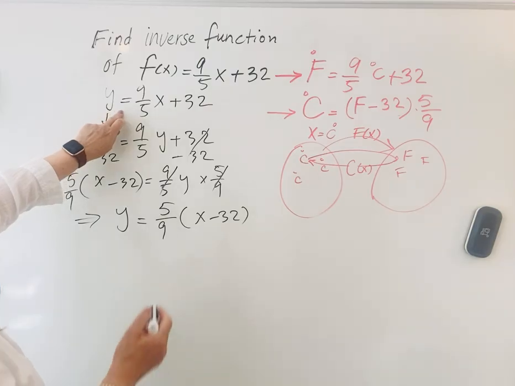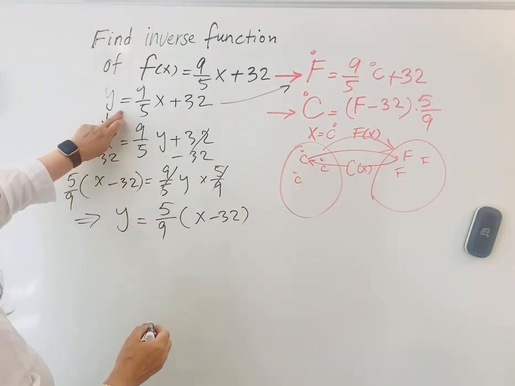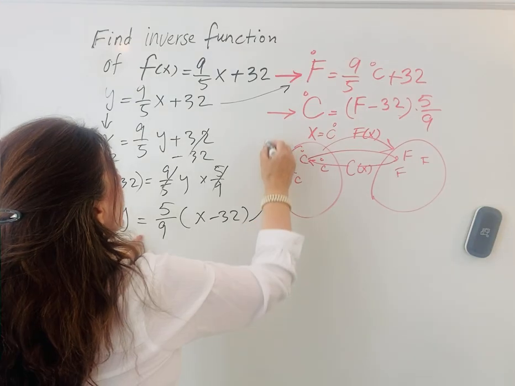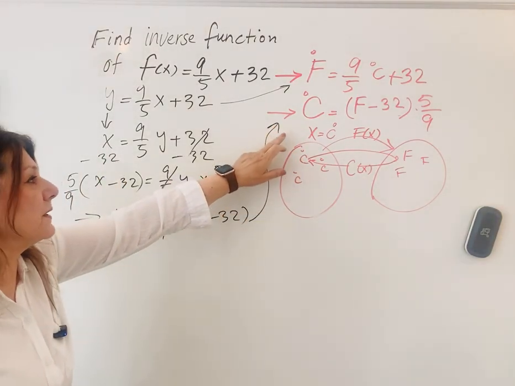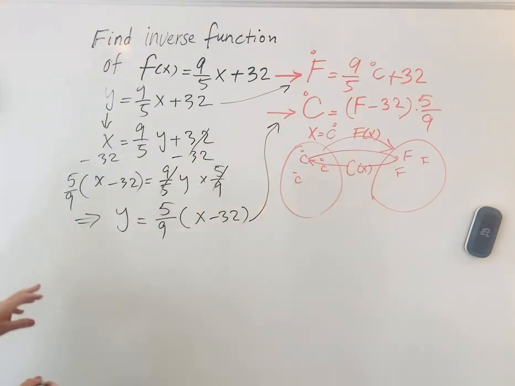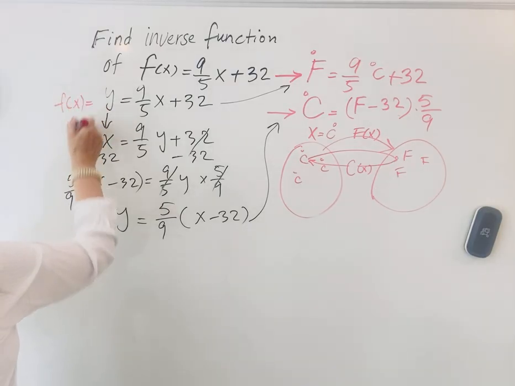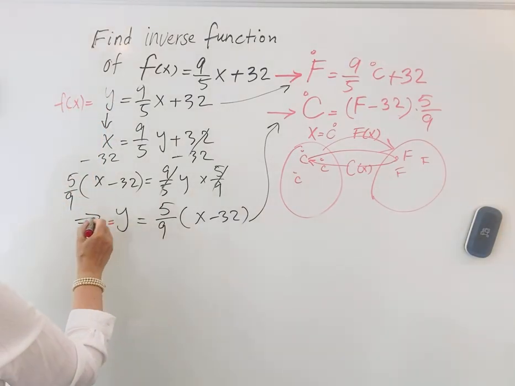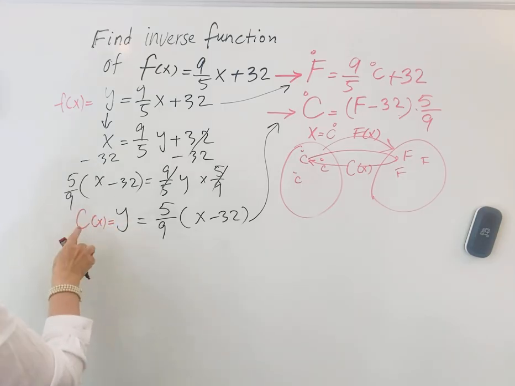If we call this the first one, the next one is actually the function of centigrade. We can call this one f of x, and this one c of x. This is just a name.